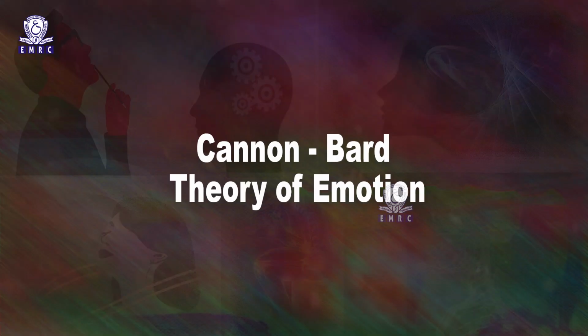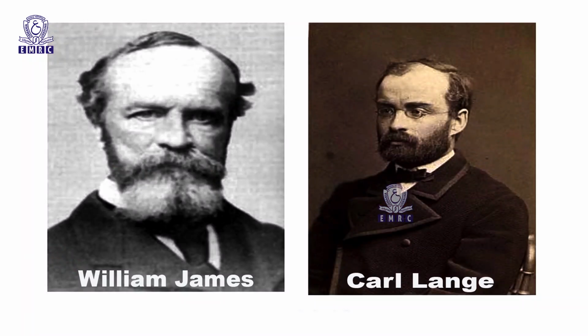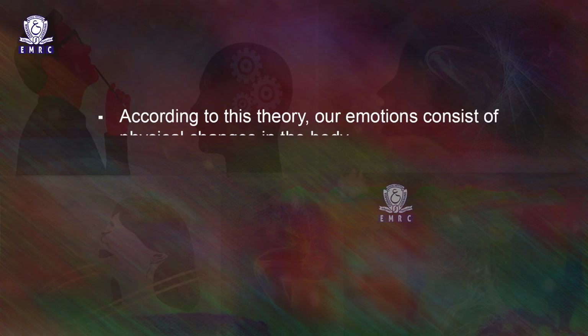Now we move on to another theory of emotion known as the Cannon-Bard theory of emotion. In the early 1900s, an influential yet controversial theory of emotions was the James Lange theory put forward by William James and Carl Lange. According to this theory, our emotions consist of physical changes in the body.